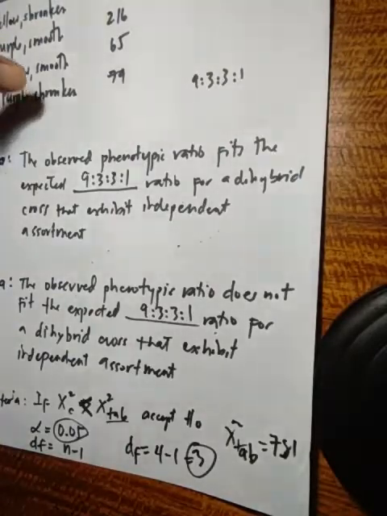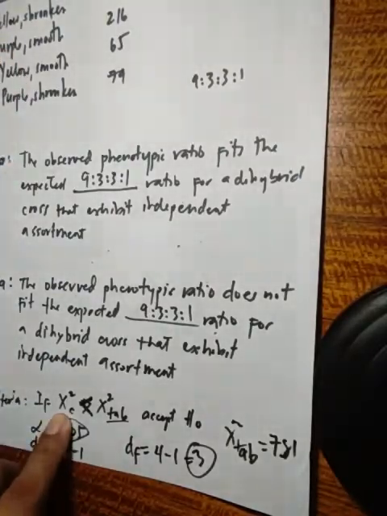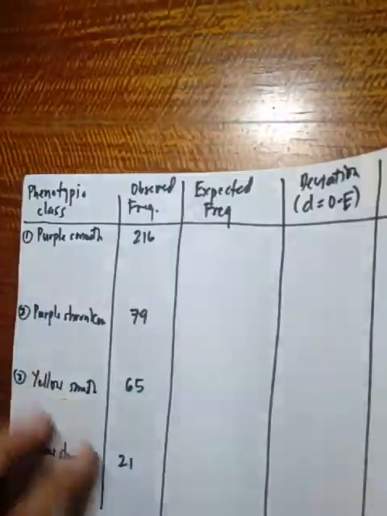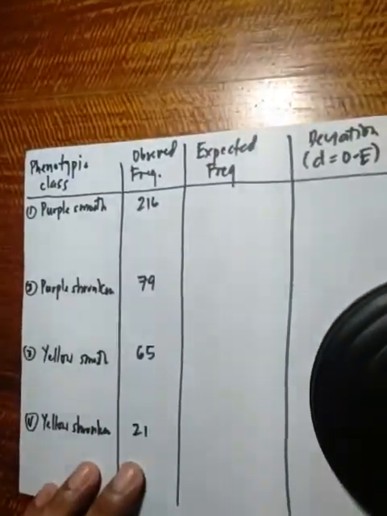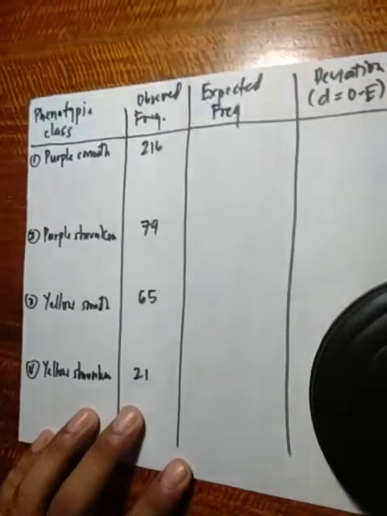So how do we compute for the chi-squared computed? We proceed to the table. Now, one important step in computing for the table is to make sure that it is in a descending order.